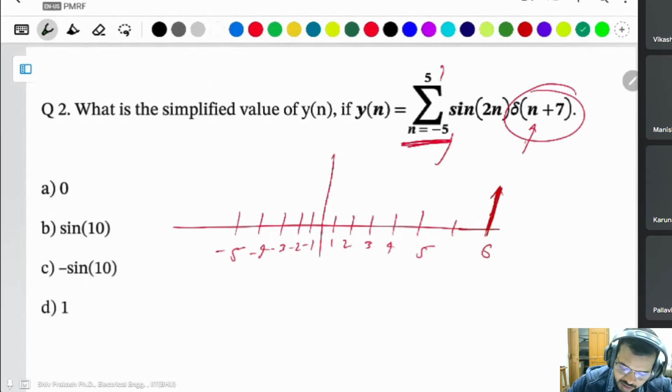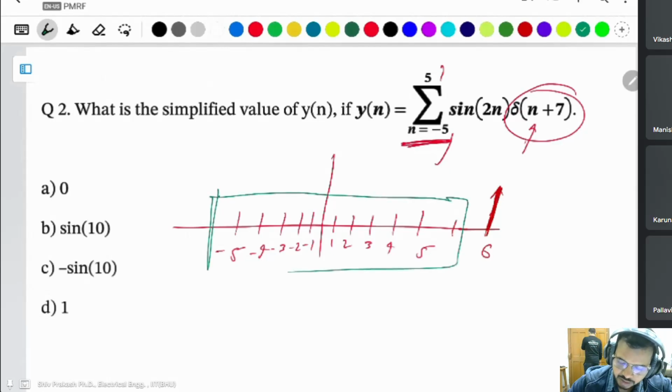Then you can see easily this is the sin(2n) function from minus 5 to 5 only. You have to add this signal. That's why if the delta function is outside this range, the whole value is 0 directly. No need to change anything.